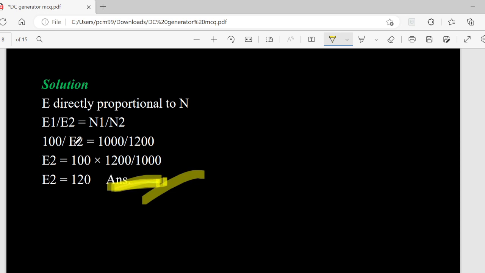Now we need E2, so moving terms across, we get E2 equal to 100 multiplied by 1200 upon 1000.